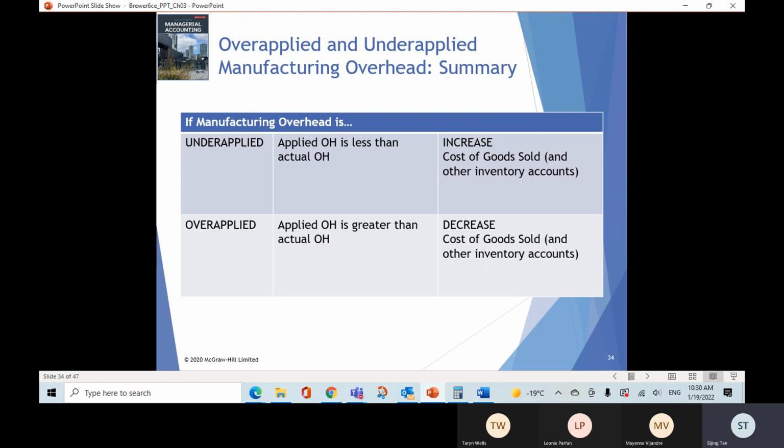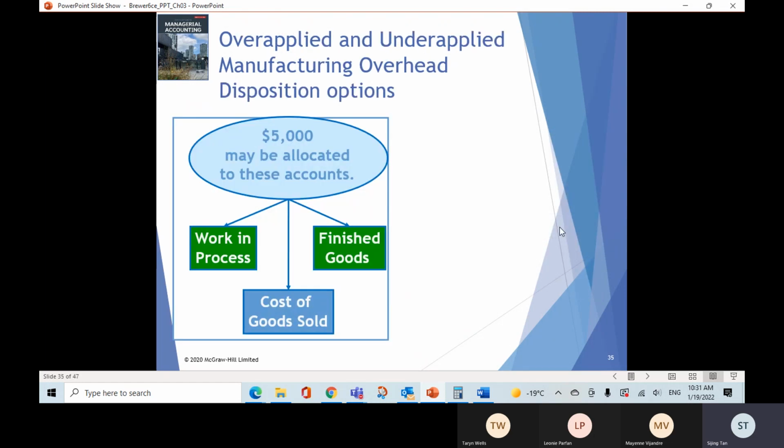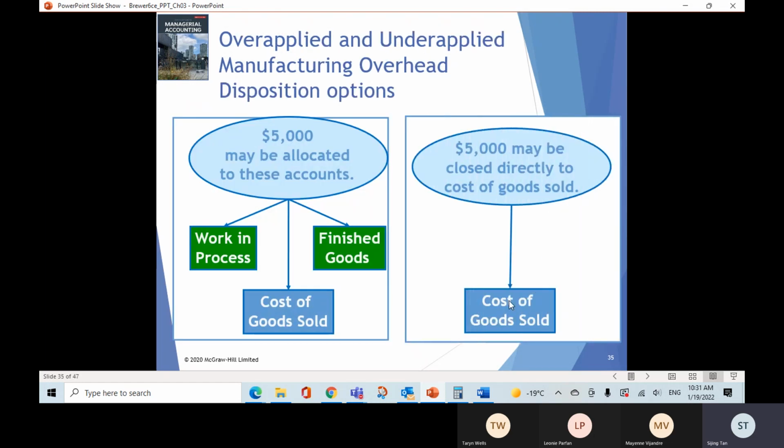Okay, so the difference between the overhead cost applied to work in process and the actual overhead cost of a period is termed either underapplied or overapplied. Now, why will the cost of goods sold make a difference? Because the net income will be affected, and we'll show you some examples.